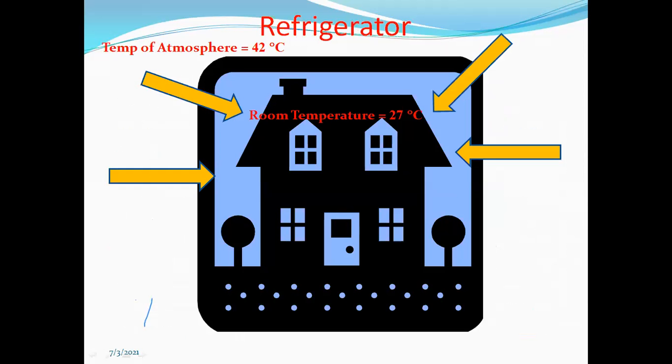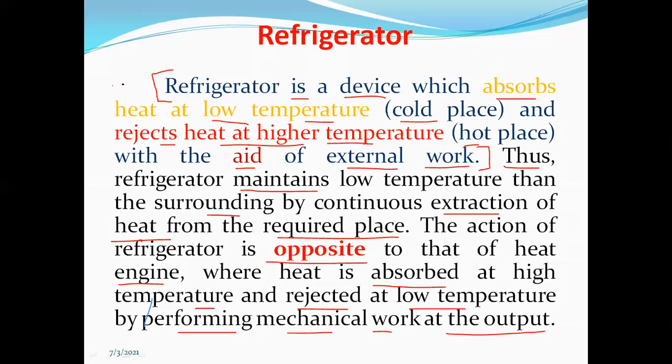So you know very well that according to the second law of thermodynamics, if you are talking about refrigerator, before that, this is the definition, that refrigerator absorbs heat at low temperature and rejects heat at higher temperature.